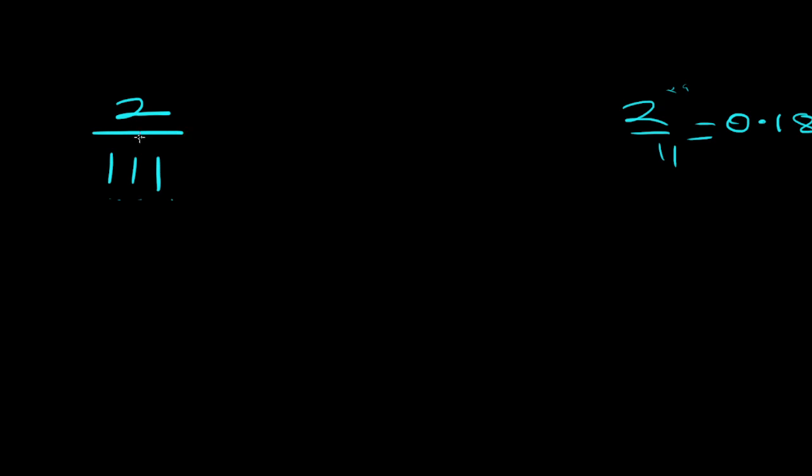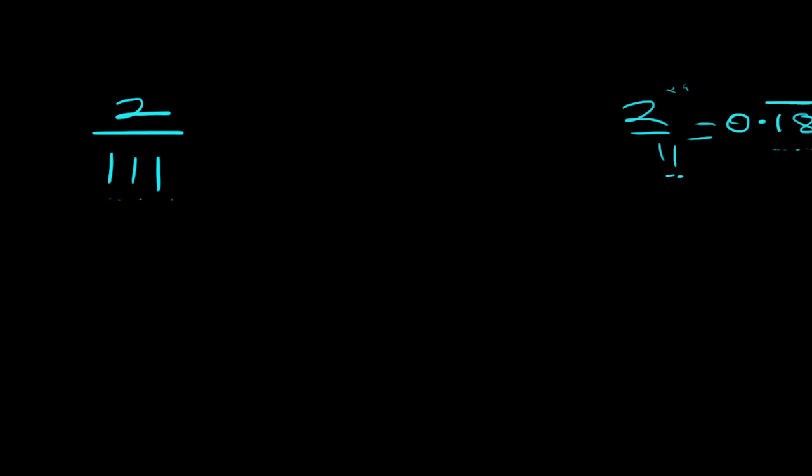Sorry, I forgot to put this thing here. When the denominator was double digit, the repeating decimal was also a double digit. This time, the denominator is 3 digits.